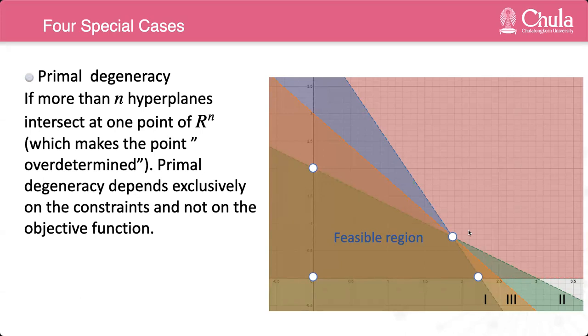Then the constraint moves to the right-hand side. However, the maximum point is still the same because it's defined by these 2 lines. Okay, this is a case of primal degeneracy.